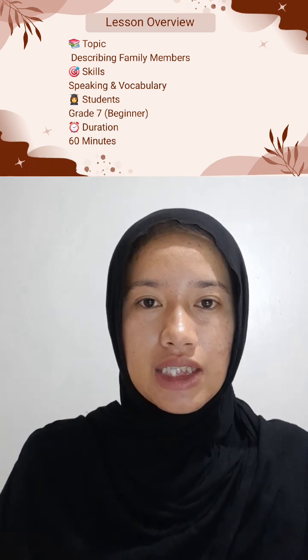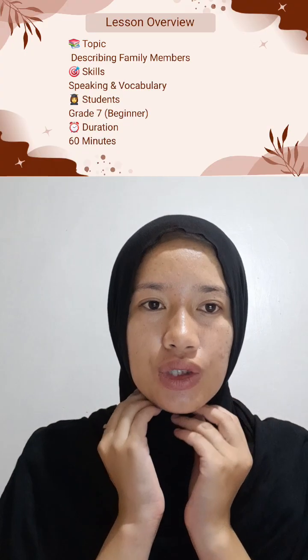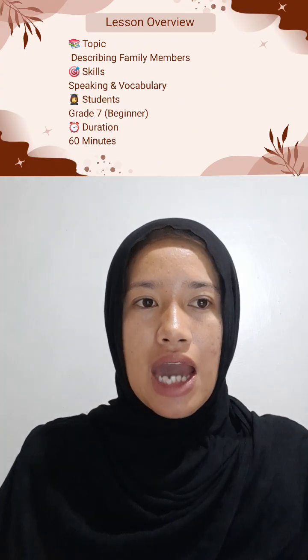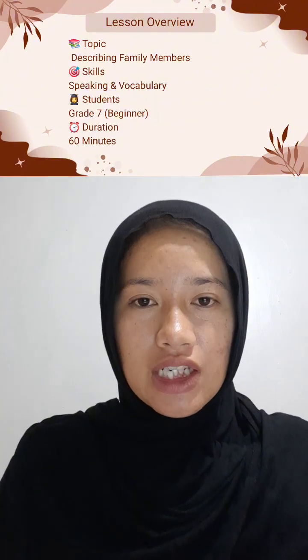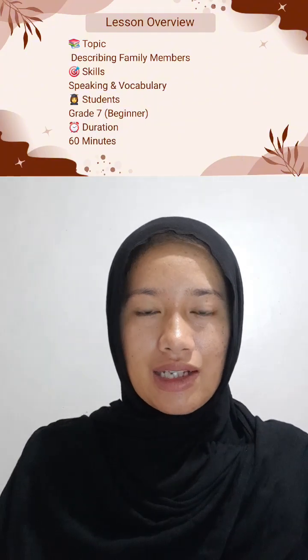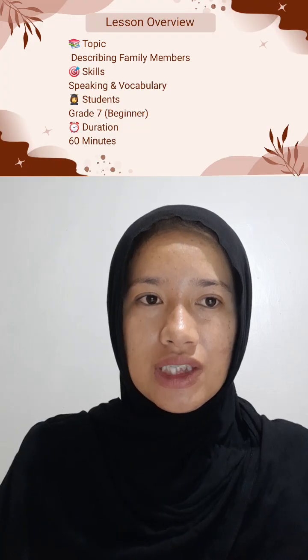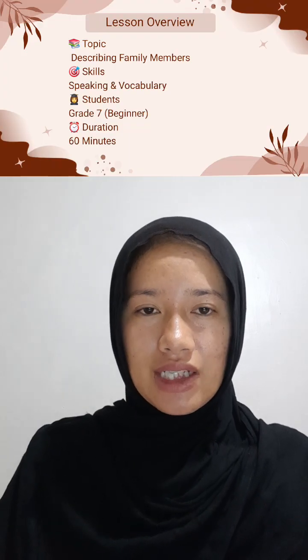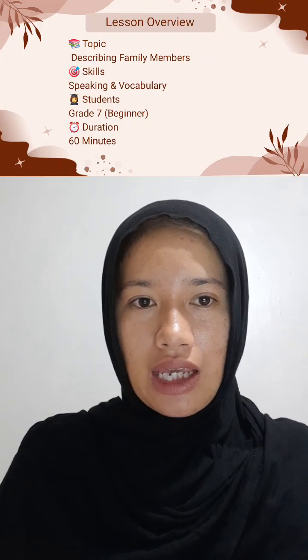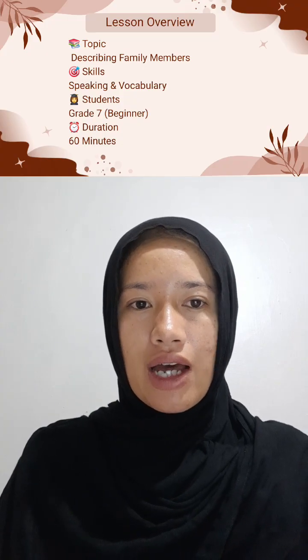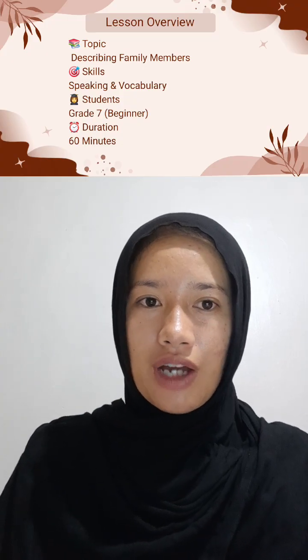The first is speaking, where students practice expressing ideas orally and improve their pronunciation and fluency. The second is vocabulary. Students learn new words related to family members and their characteristics. Example: father, mother, sister, brother, grandfather, grandmother.